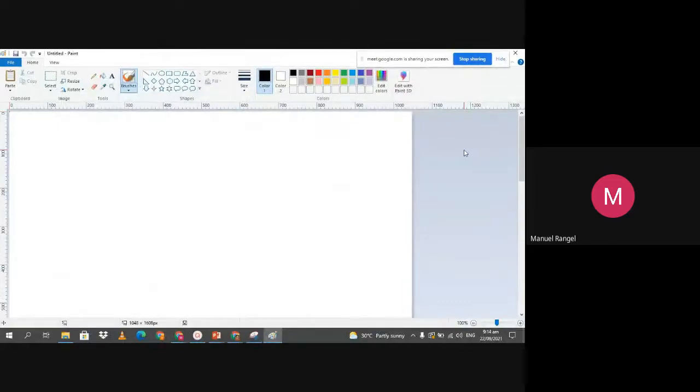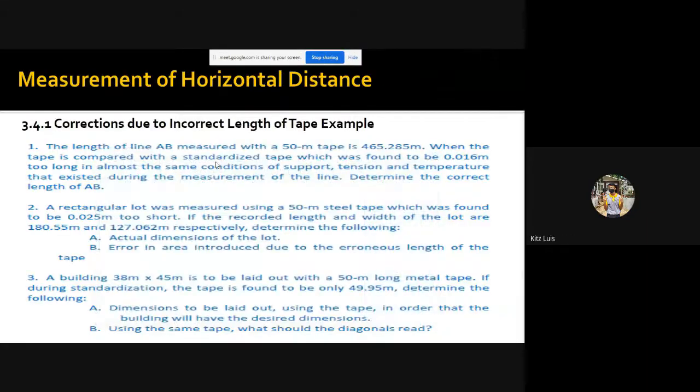Given is the NL. What is the nominal length? 50 meters, sir.